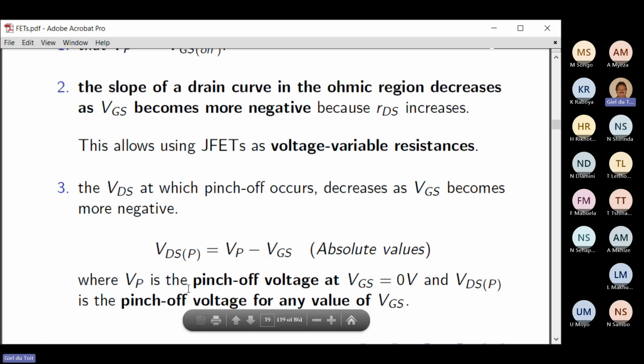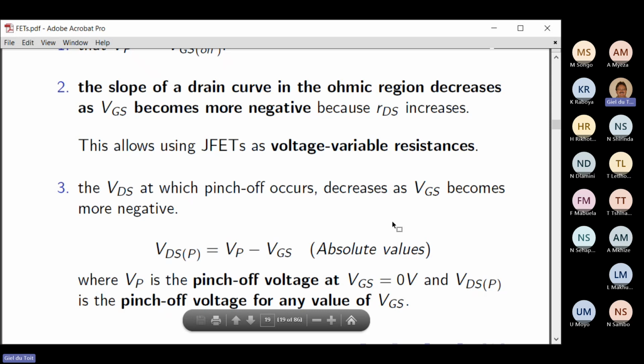So where VP, like we said, is the pinch off voltage at VGS is 0 volt, and VDS, the drain source voltage, is the pinch off voltage for any value of gate source voltage. Don't worry so much about this last point.